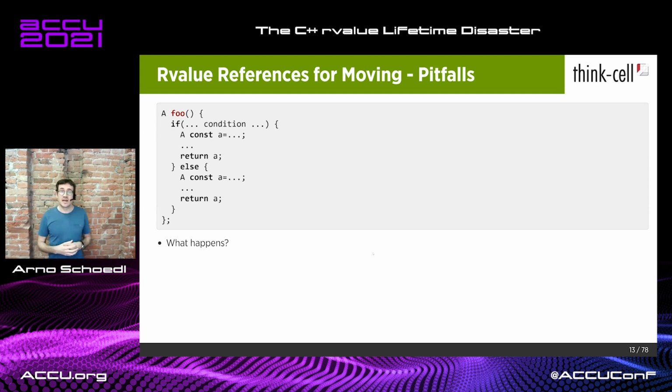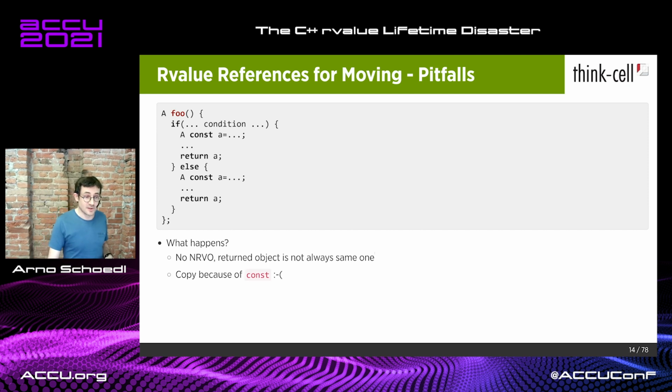It's a tiny bit dangerous, maybe, because let's look at this. If you now say, well, I don't always have the same a to return, but for some condition I have one a that I create one way, and for a different condition I have a different a, and I want to return it. Now, what happens there? Well, the return value optimization doesn't work in that case. It only works if you always return the same variable. It kind of makes sense because the compiler has to decide when this a is being instantiated to instantiate it in that special place of the return value.